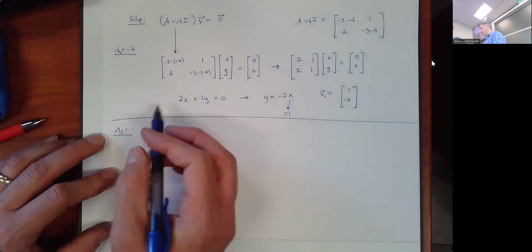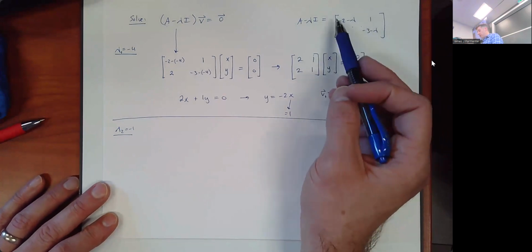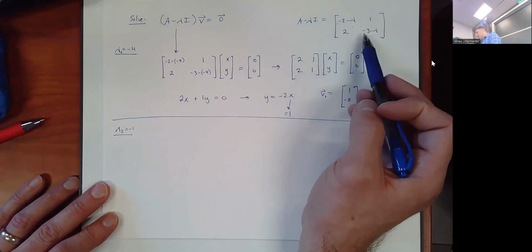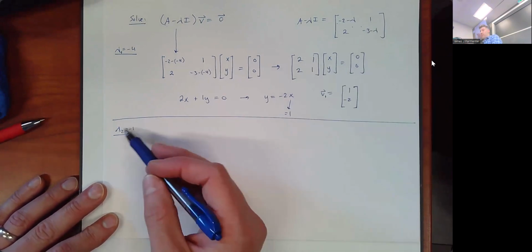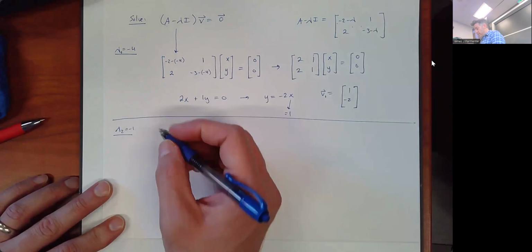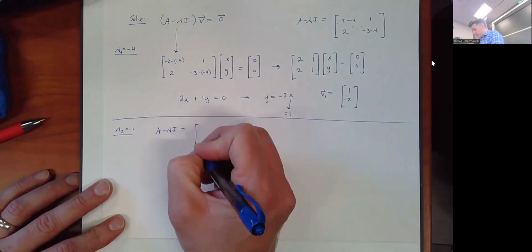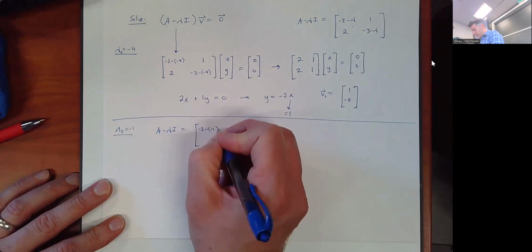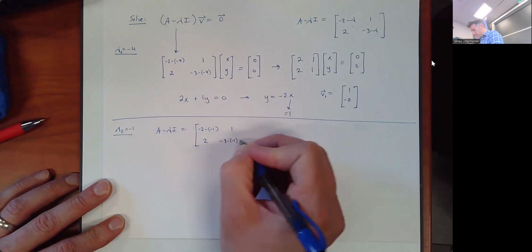So the thing I like about doing it the way we just did it is if you've already got this matrix written here, something minus lambda, something, something, something minus lambda, it's very easy just to plug in the value you're picking for lambda here. So my A minus lambda I is going to equal -2 minus -1, 1, 2, -3 minus -1.